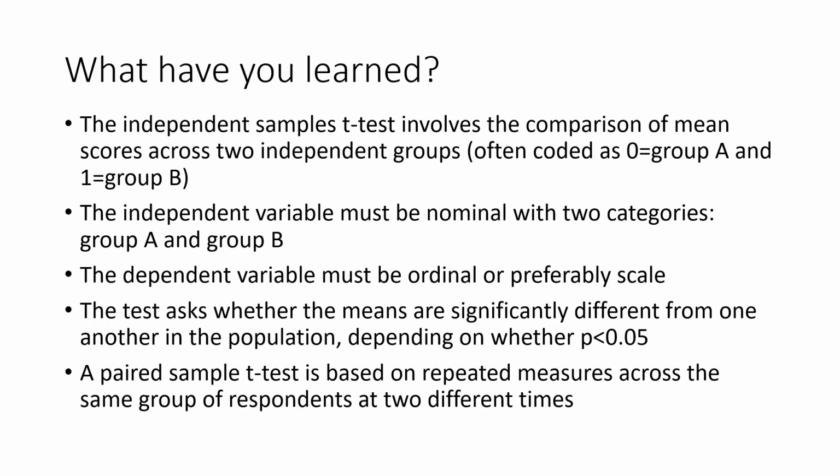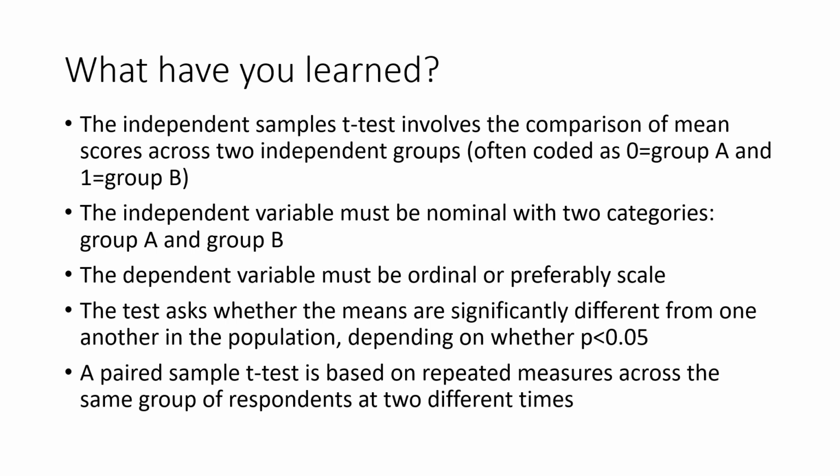All right, let's summarize what you've learned so far in Chapter 5. You've learned about the independent samples t-test, which compares mean scores across two independent groups. And as I said, we often code these as 0 and 1. In an independent samples t-test, the independent variable must be nominal with only two categories.